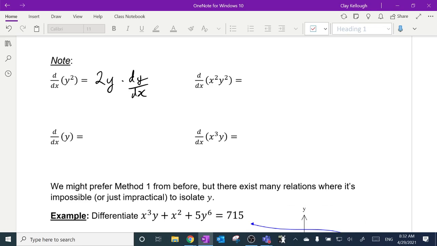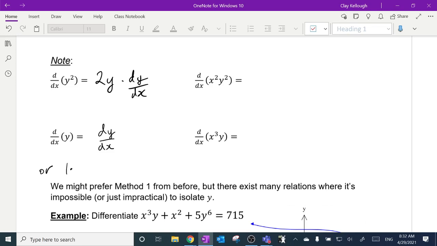What if it was just plain the derivative with respect to x of y? What if it didn't have a squared on it? Well, then it would just be dy by dx. I'm doing this the same way I did this one, right? This 2 becomes my new coefficient. Remember, y means y to the power of 1, so this 1 becomes my new coefficient.